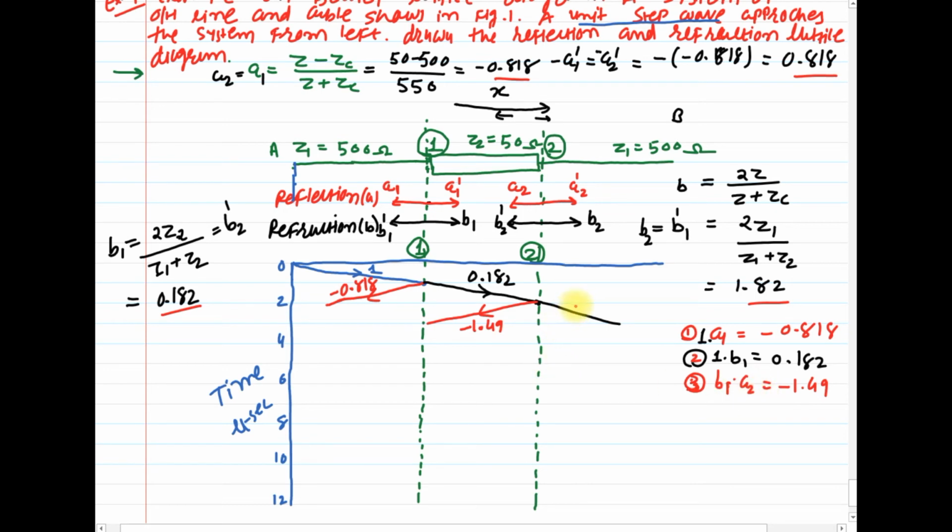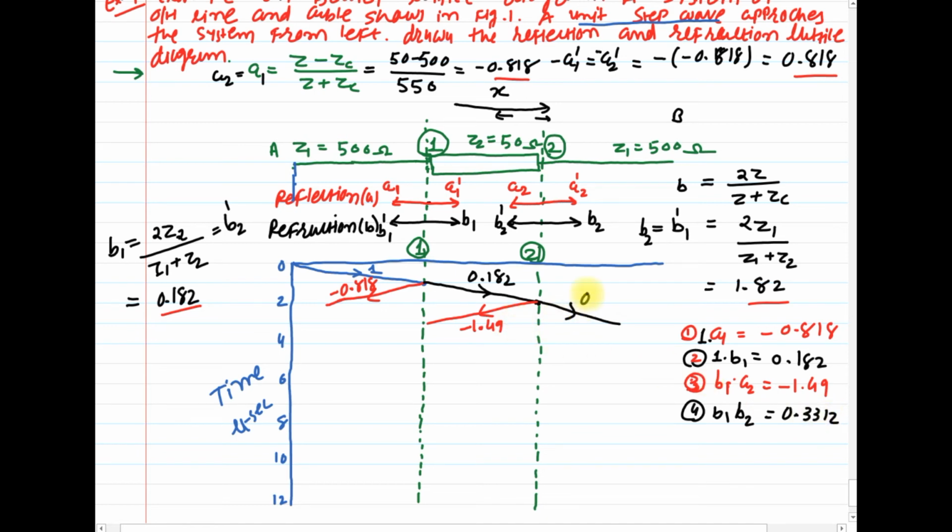Now, one more thing is left over here. We have to calculate the refraction at junction 2, which is the fourth one: b1 into the refraction from junction 2 at the right hand side, which is b2. So b1 into b2 is equal to 0.3312.